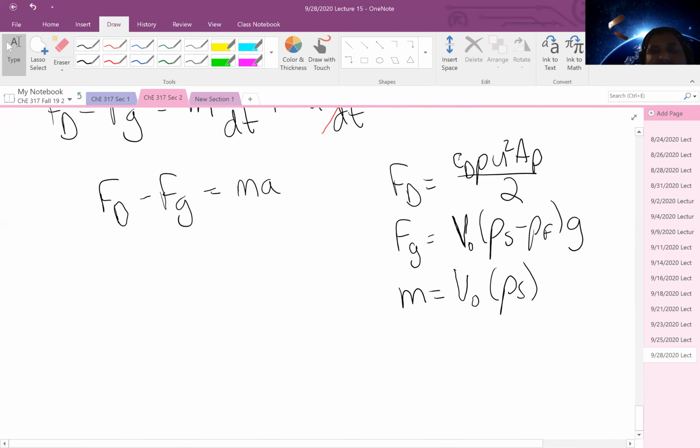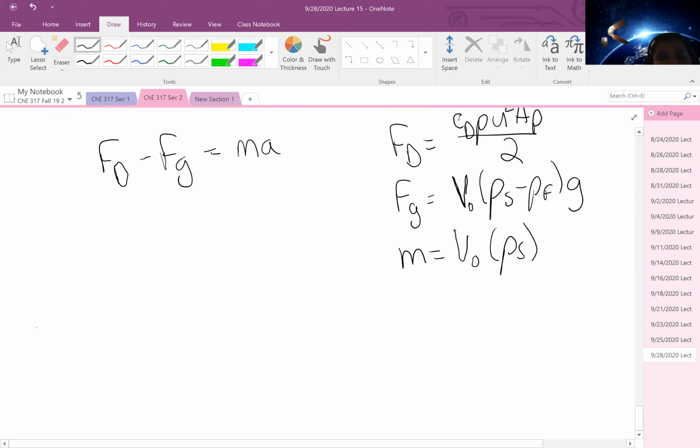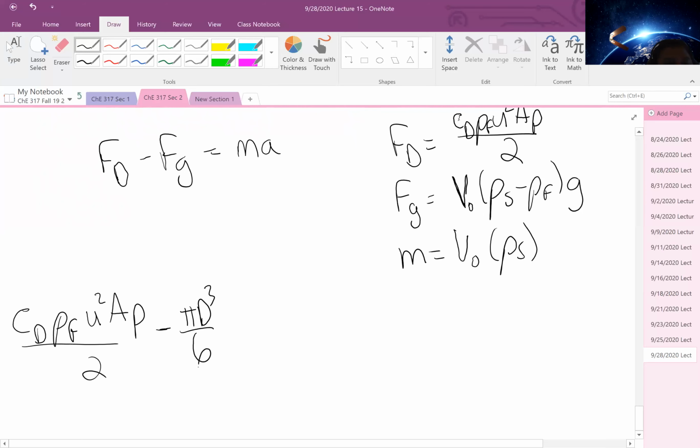So if I plug these values in, I have my drag force, C_D rho_f U squared times the projected area over 2, minus the force due to gravity. Assuming it's a sphere, the volume is pi d cubed over 6 times the difference between the solid and the fluid density times gravity, equals its volume, pi d cubed over 6, times the density of the solid times acceleration.